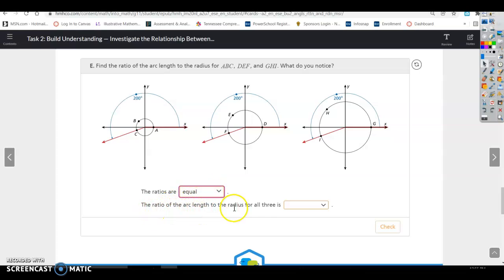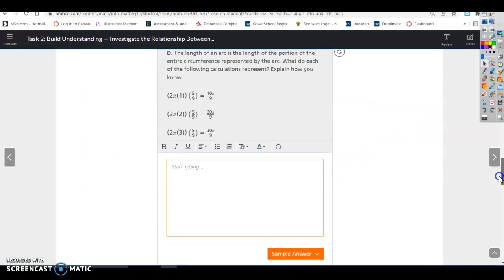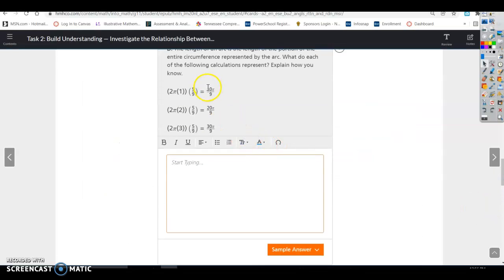So the ratio of the arc length to the radius of all 3 is really going to be 10 pi over 9. Because this has a radius of 2, if I divide this by 2, it becomes 10 pi over 9.